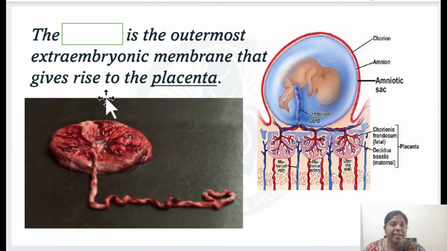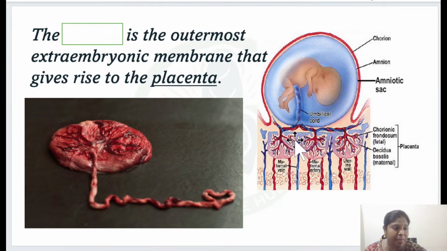Then, the dash is the outermost extra embryonic membrane that gives rise to the placenta. If you look at the placenta here, what is the name of the outer membrane? The outer membrane of the extra embryonic membrane that gives rise to the placenta.